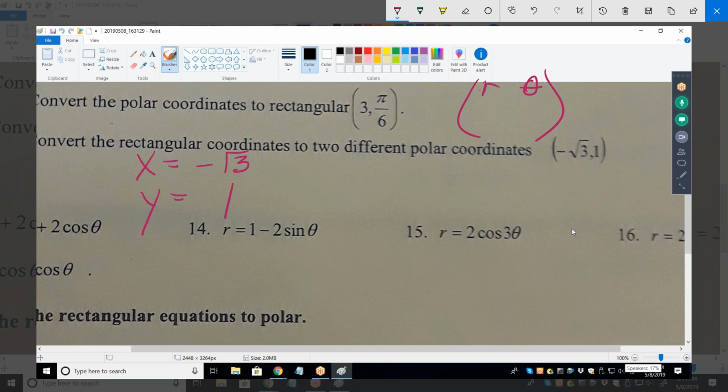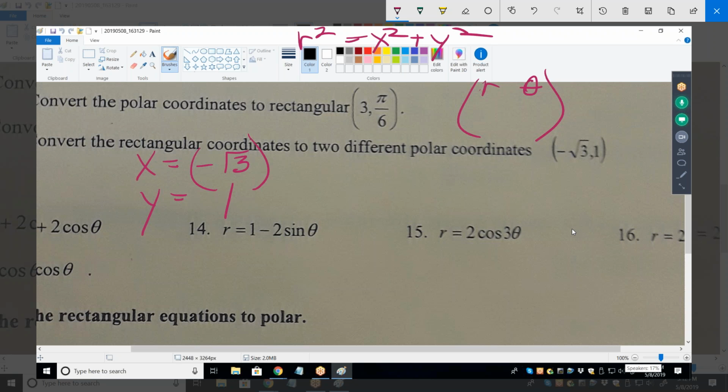Remember r squared was equal to x squared plus y squared? So let's do that one first. That's easy. r squared equals minus root 3, no, you're squaring that whole thing.